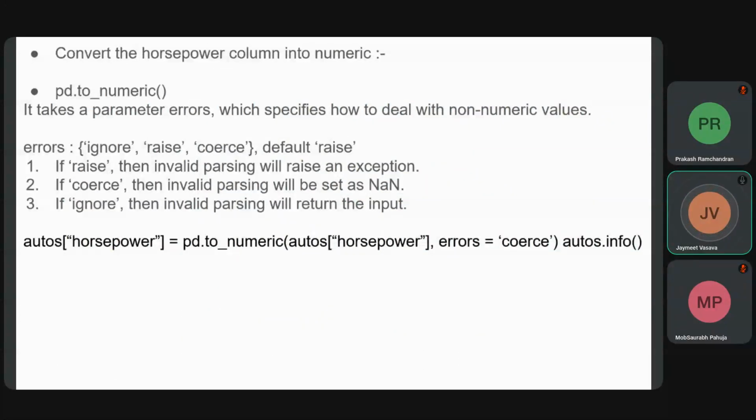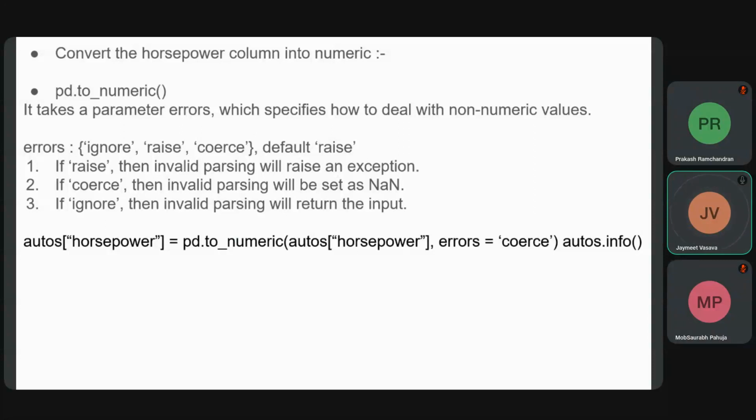To convert the horsepower column into numeric values, we'll be using the pandas to_numeric method, which takes a parameter errors, which specifies how to deal with non-numeric values. It takes raise, coerce, and ignore.